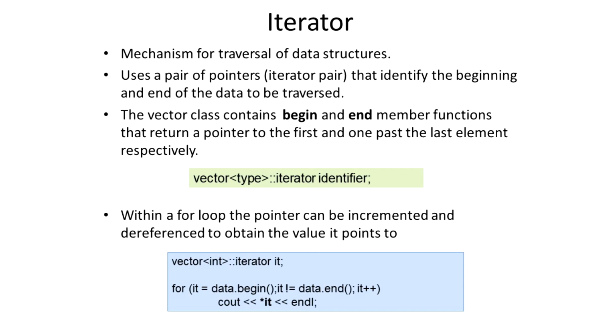And as well as traversing through the vector via the index, for looping through each element of the vector, we can also traverse the vector by making use of the iterator structure. And this iterator contains pointers which point towards the start of the structure and the end of the structure. And rather handily, the vector class contains two methods which return the starting location and the ending location of the vector as pointers.